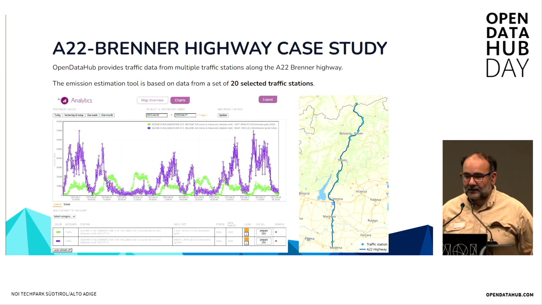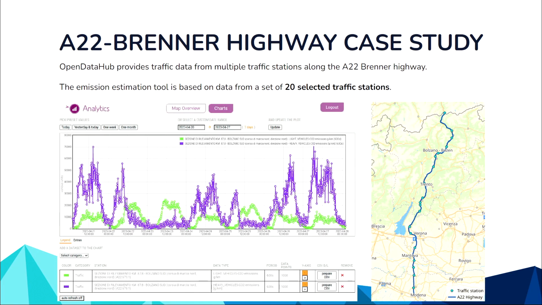The first case study and the first deployment was done on the A22 highway. Why A22? First of all, because, as Ilaria De Biasi told before, they are going towards a digital infrastructure, so we do have many data available, and also high quality data.